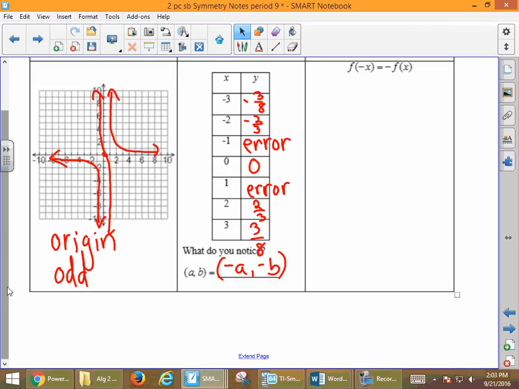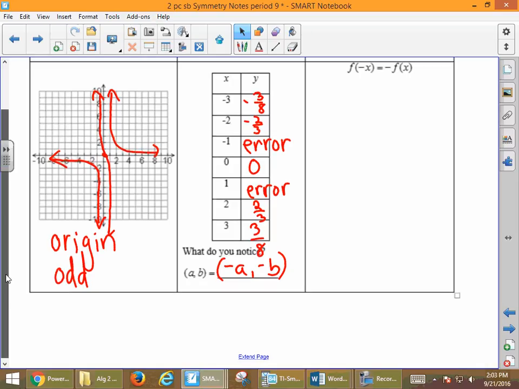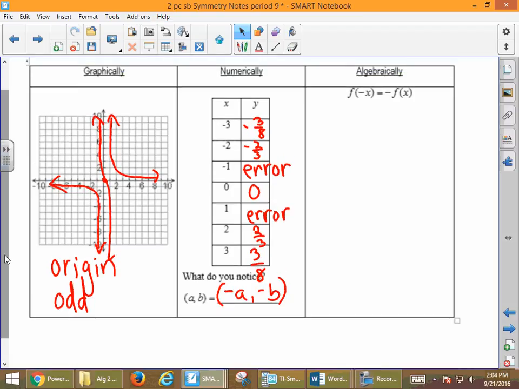So now what we're going to do is we want to look at this algebraically. And here's our test again that we did. So it would be nice if I could write small enough that we could compare these two. But we've got f of -x equals -f of x. So when we fill this in here, I still can't see the function.